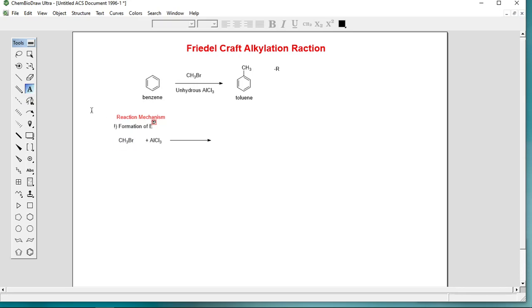So here, if we are using this AlCl3, instead of this Br, Cl will be there. Okay, we are using now methyl chloride. This methyl chloride reacts with AlCl3, same; this Cl having the lone pair of electrons, instead of Br we are using Cl.